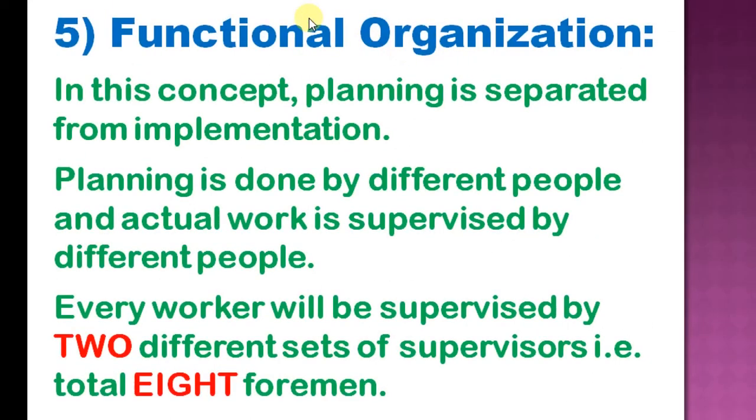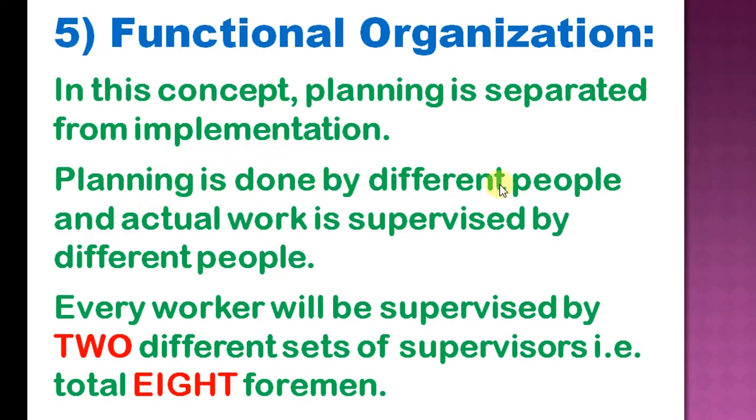The fifth technique is the functional organization. In this concept, planning is separated from implementation. You know there is the third level of management, which is called the lower level management. This lower level management will be divided into two parts. Some managers will do the planning while the other managers will do the implementation.